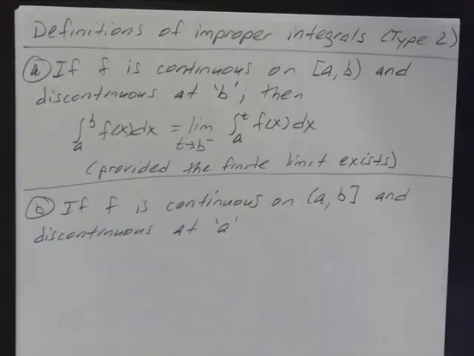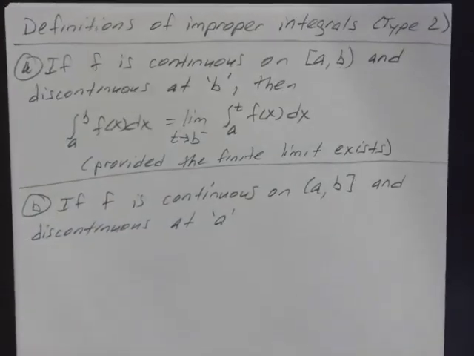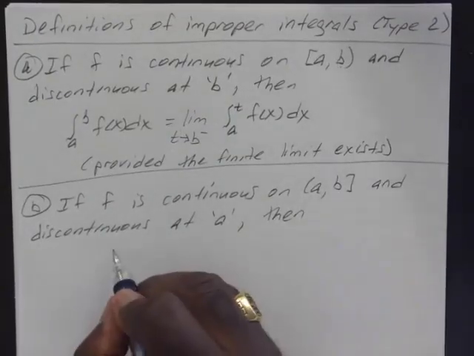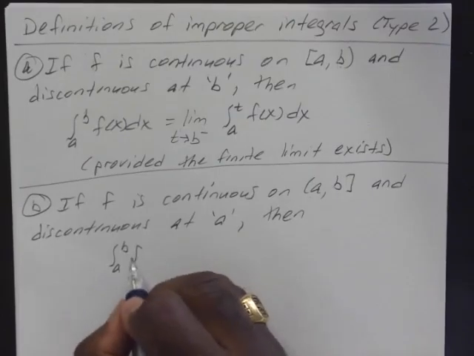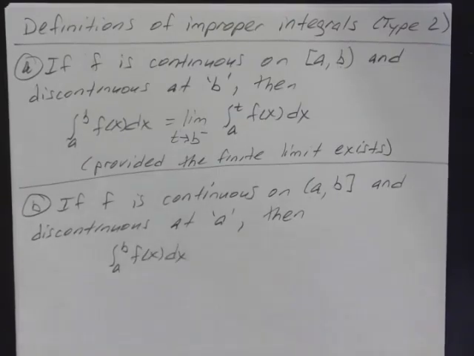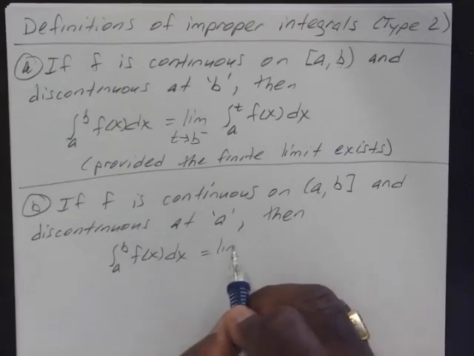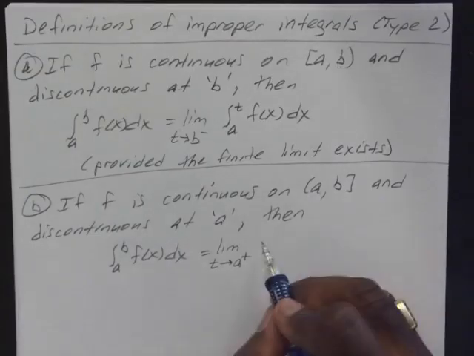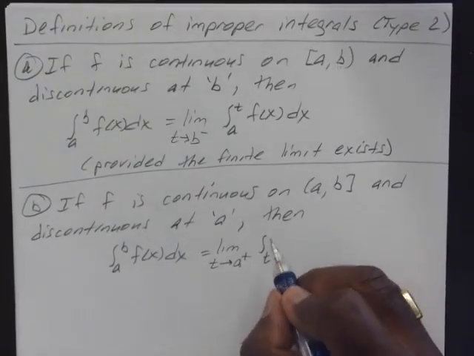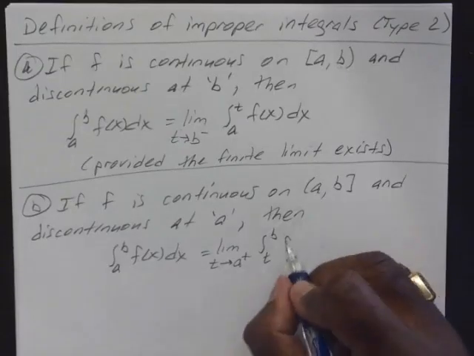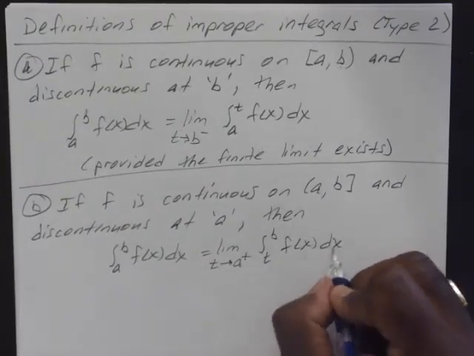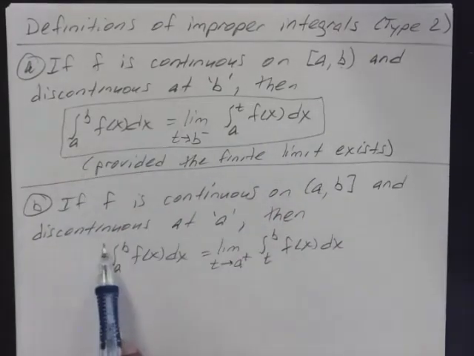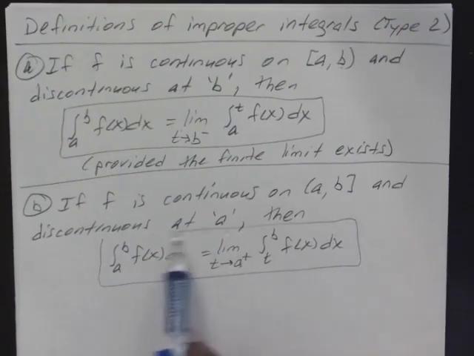And we know that the integral from A to B of f of x with respect to x is equal to the limit as t approaches A from the right of the integral from t to b of f of x with respect to x. So separate those formulas a little bit.